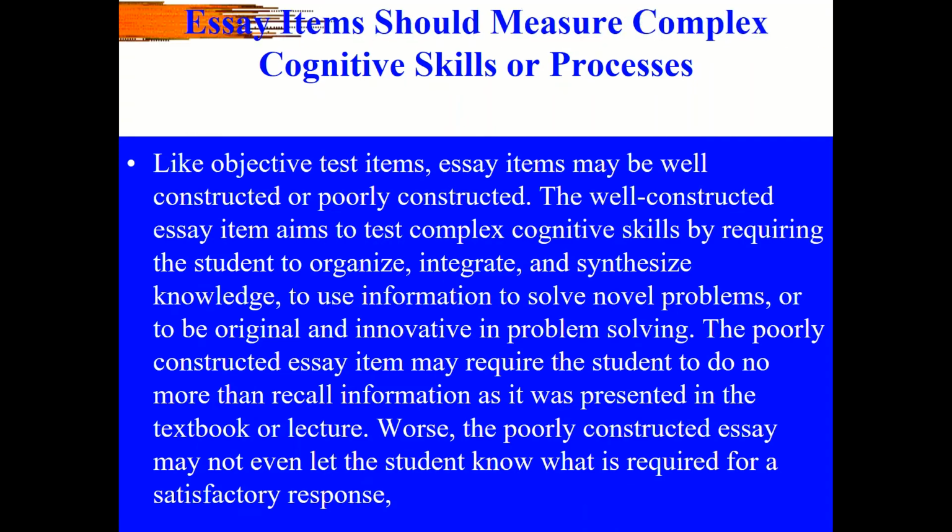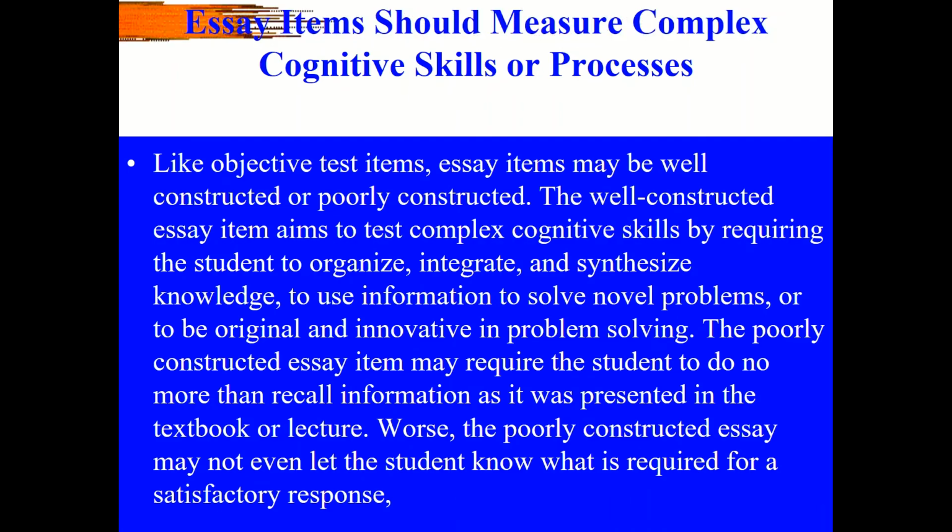A well-constructed essay item aims to test complex cognitive skills. So it should have higher order thinking skills. It should require students to organize, integrate, synthesize knowledge, to use information to solve novel problems, or to be original or innovative in problem solving.